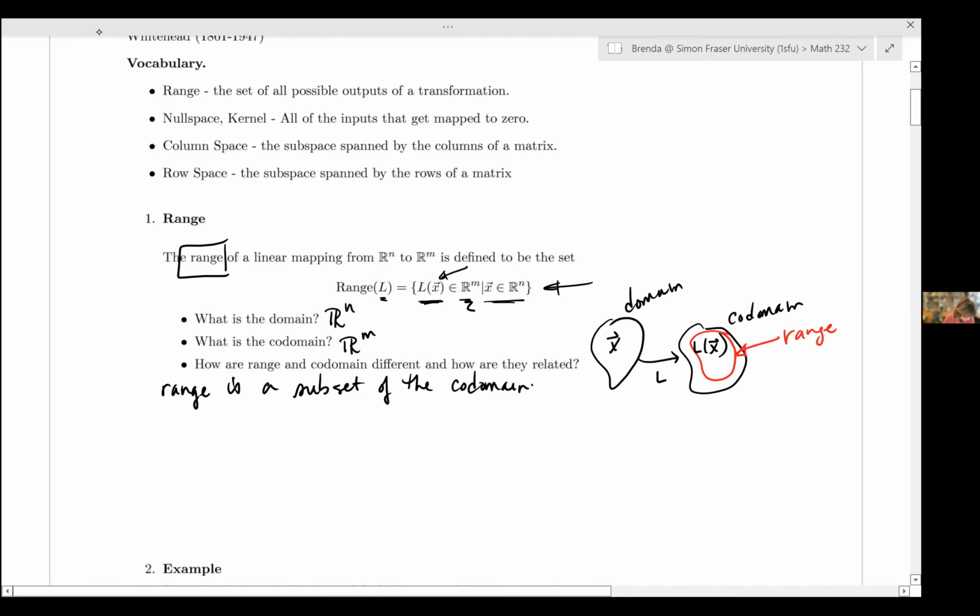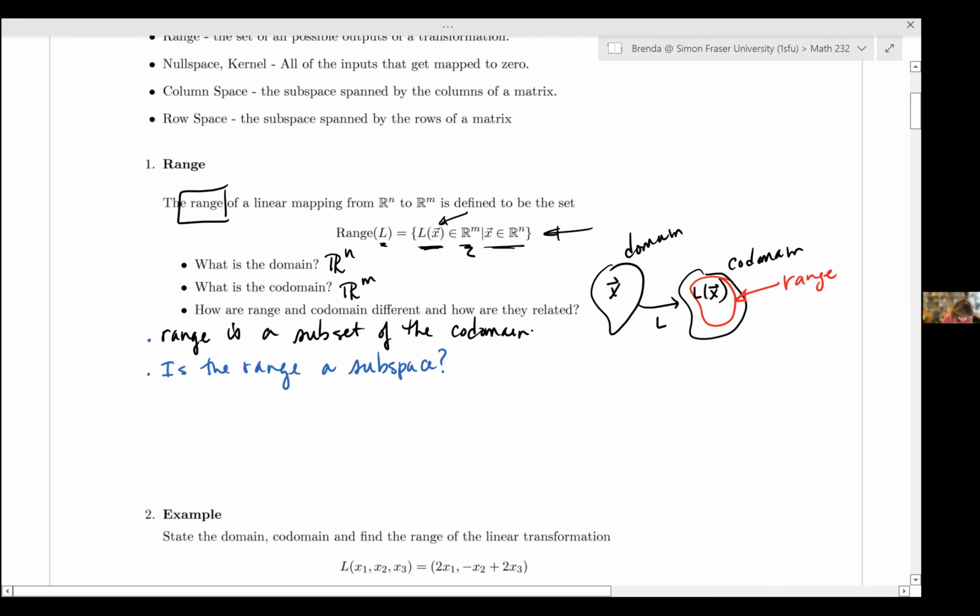Okay, the range is a subset. Is the range a subspace? It's a subset, but maybe it isn't a subspace. We need to think about this. Let me just tell you the answer: yes, it is.